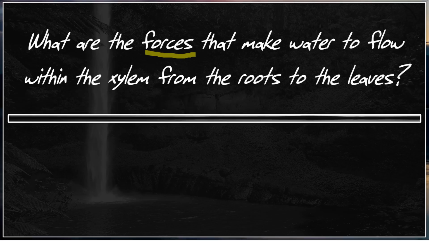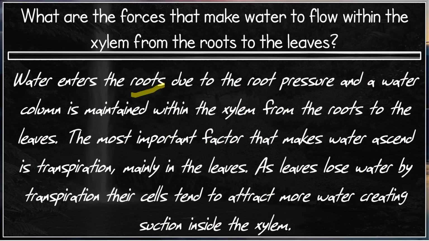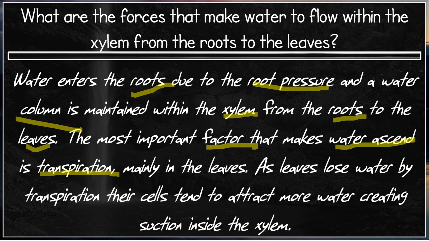What are the forces that make water flow within the xylem from the roots to the leaves? Water enters the root due to root pressure, and a water column is maintained within the xylem from the root to the leaves. The most important factor that makes water ascend is transpiration, mainly in the leaves.